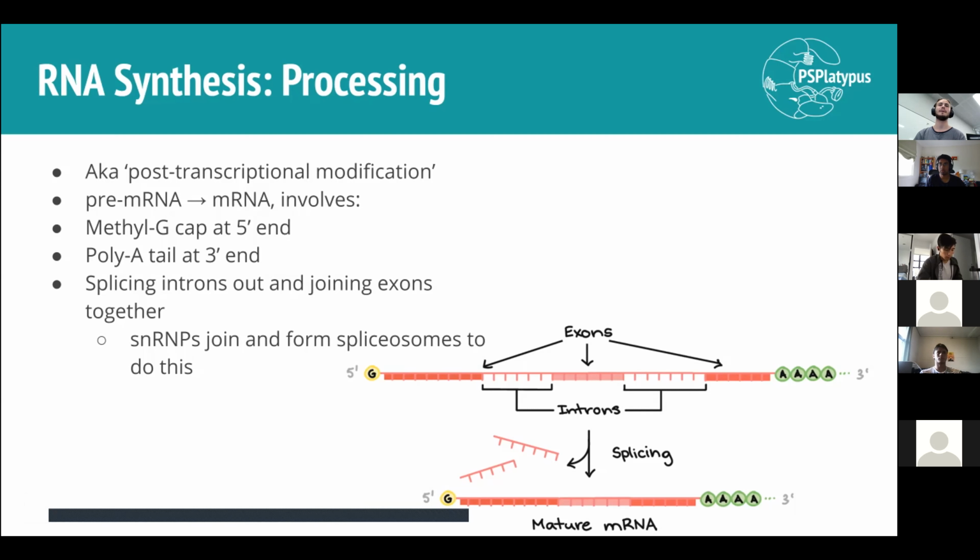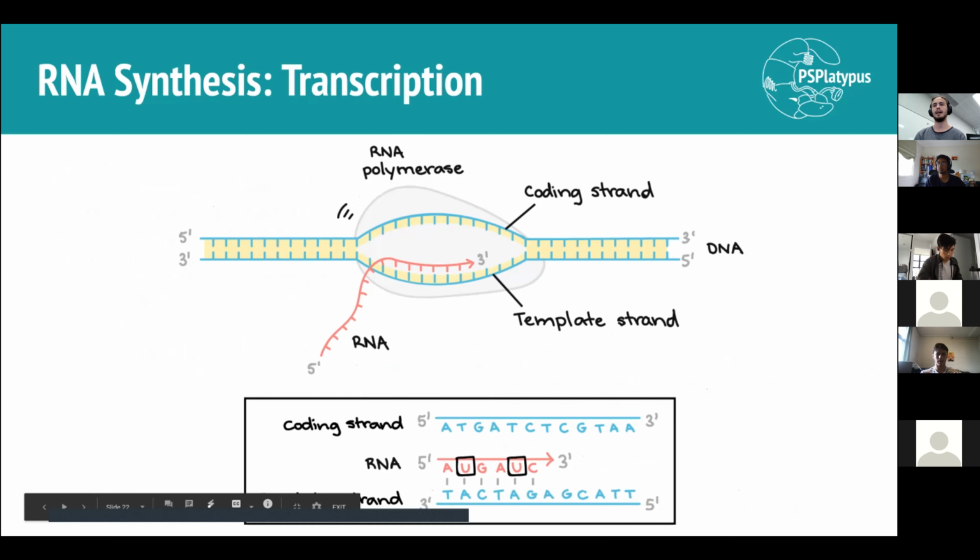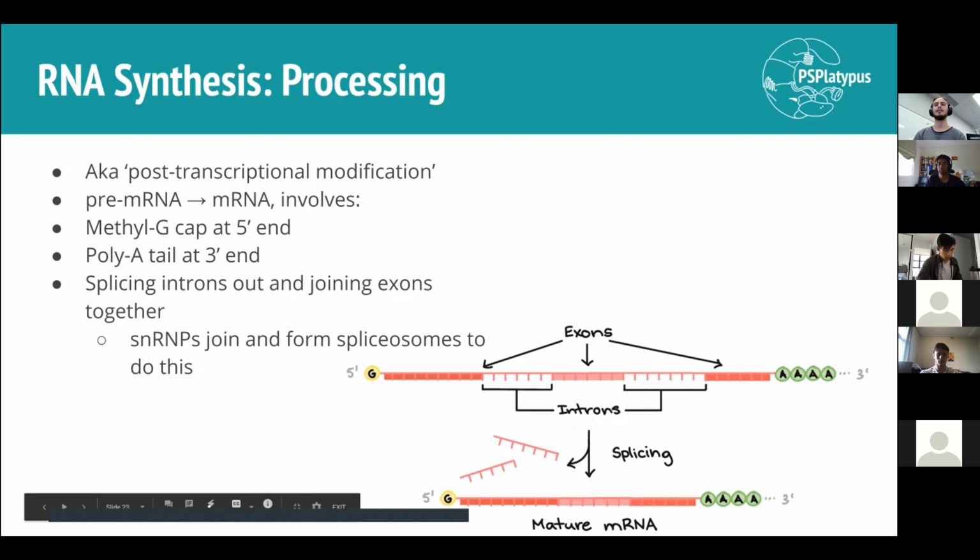Okay, so RNA synthesis processing. Once we've made our mRNA, we've made the sequence, then we need to process it to actually turn it from what is technically pre-mRNA to mRNA. It's pre-mRNA because it doesn't have the processing yet.